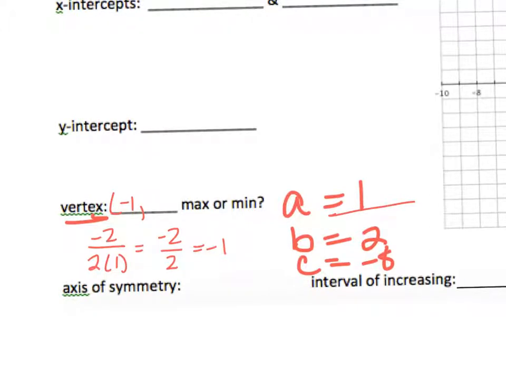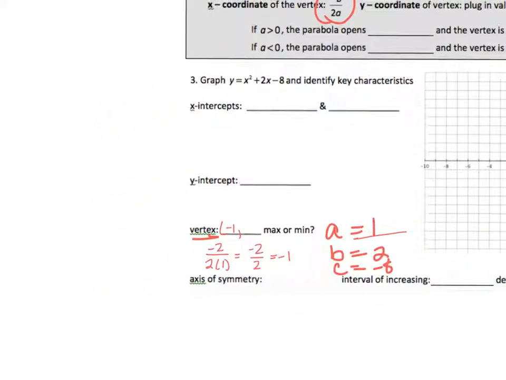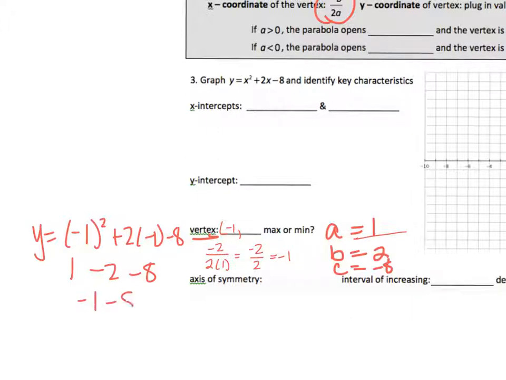So y equals negative 1 squared plus 2 times negative 1 minus 8. So it's going to be 1 minus 2 minus 8. This is going to be negative 1 minus 8, which is negative 9.